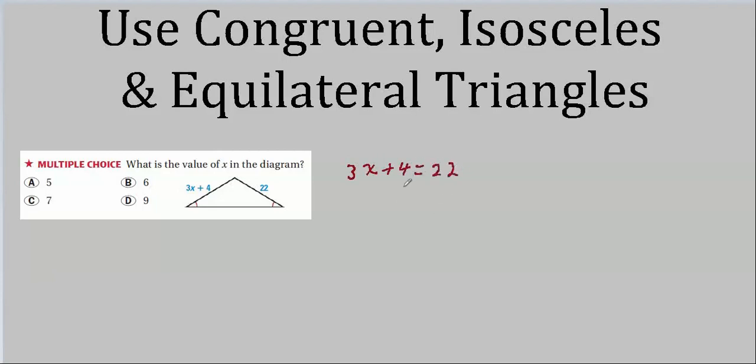Subtract 4 from each side. And there it is, x equals 6. This one was pretty easy. You just had to spot the fact that these two sides are congruent. Then set up the equality. Very easy.